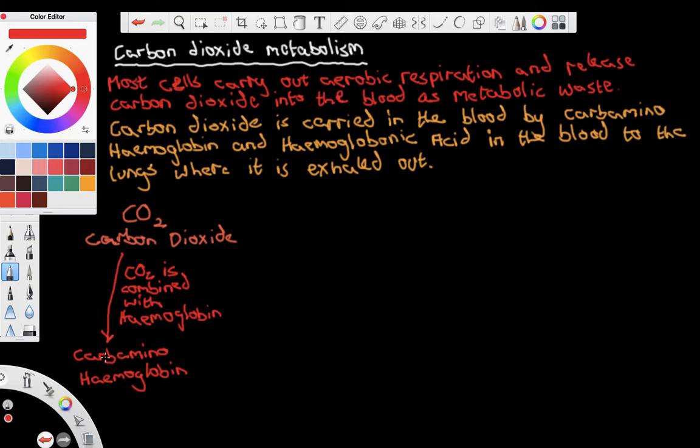Other than being combined with hemoglobin, CO2 or carbon dioxide can be combined with water to form something known as carbonic acid, or H2CO3.